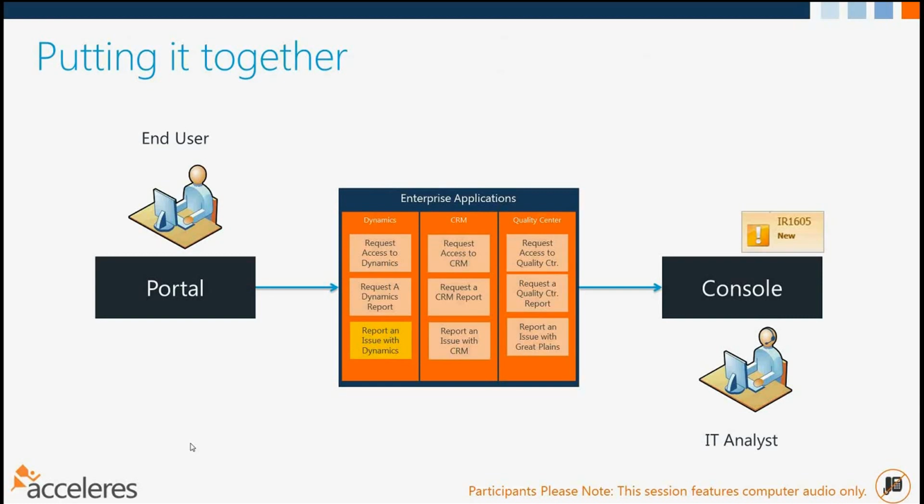And then under the Dynamics service offering, we have a specific request offering to report an issue with Dynamics. So our end user can then select that request offering, submit the request through the portal, and that's going to generate a new incident in the console that an analyst is going to pick up and assign to himself or herself or potentially escalate, etc.